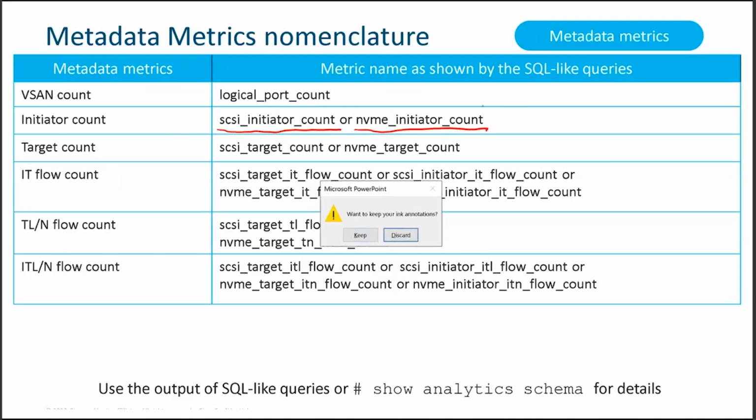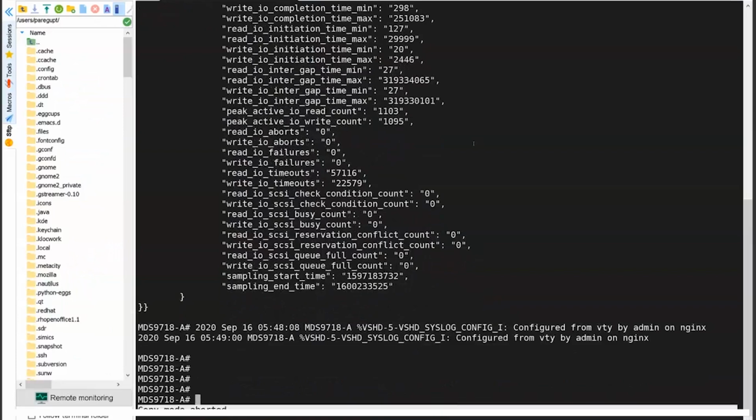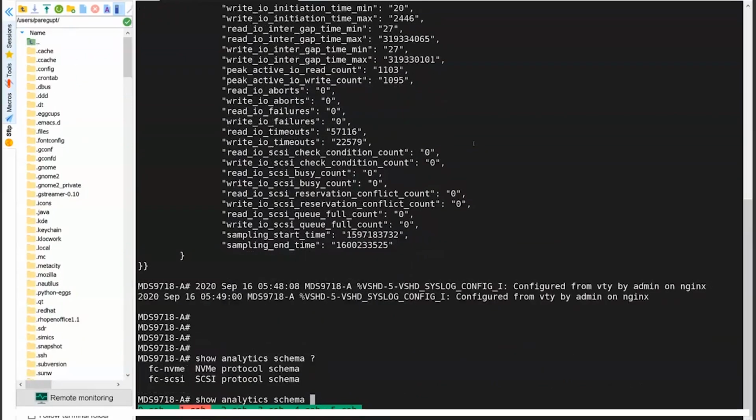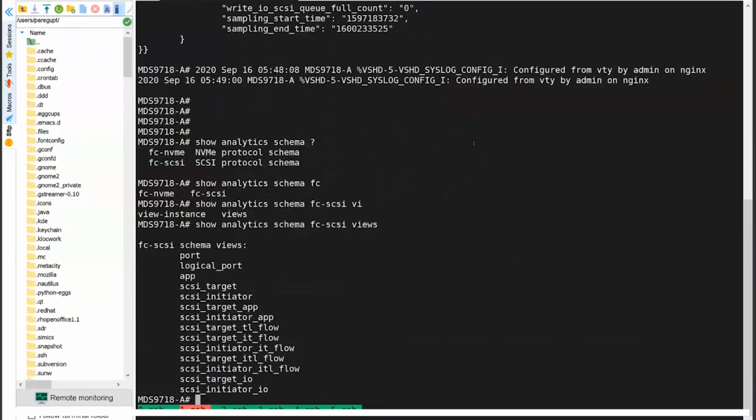Let's say 6 months from now, 6 years from now, whenever, always refer to the latest up-to-date documentation, but you know how great we are with documentation. So always look for the show commands. You guys know this better, but I'll do show analytics schema views, FC SCSI views. And I see some views here.